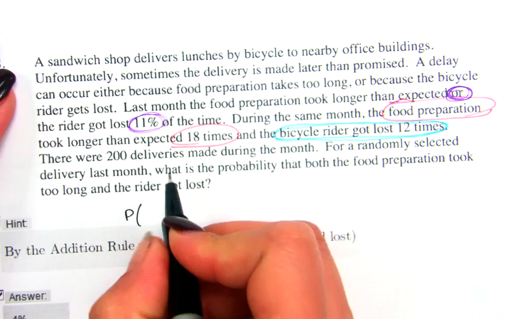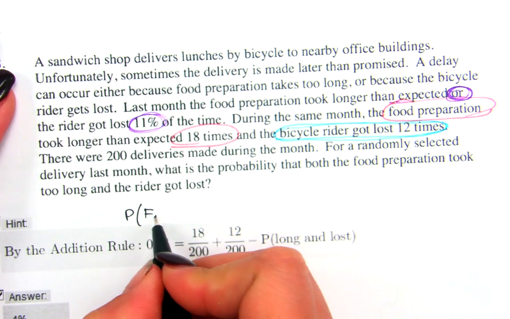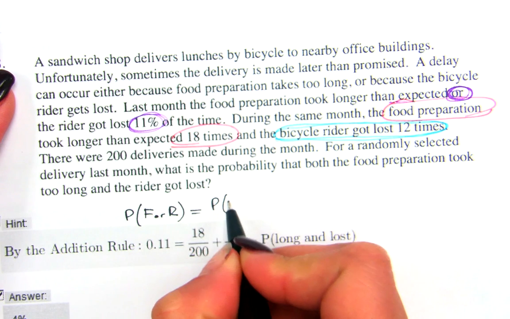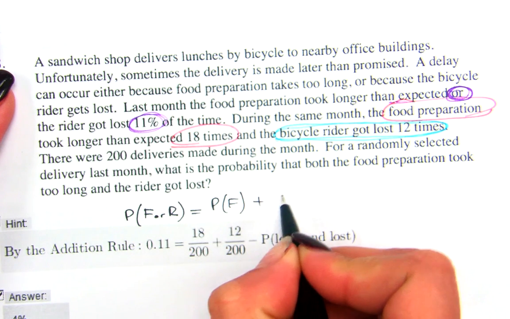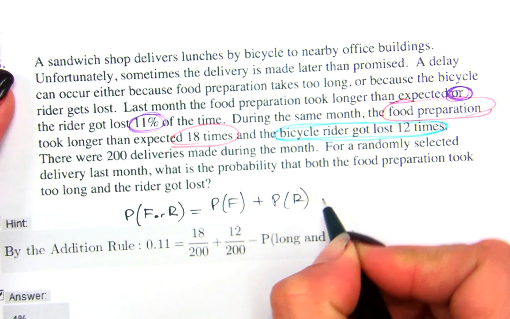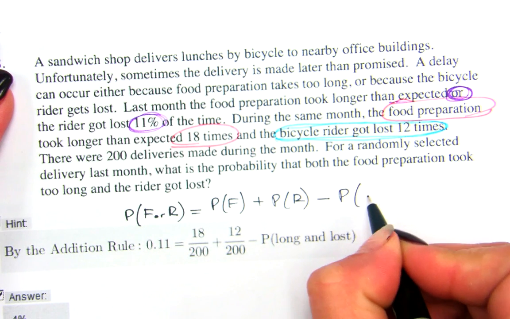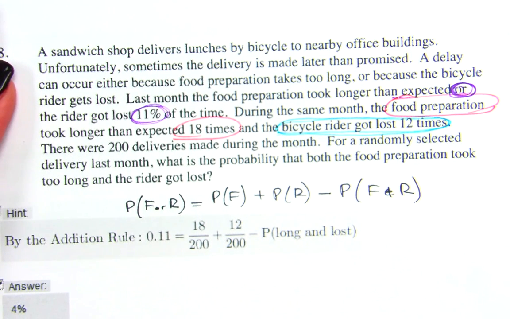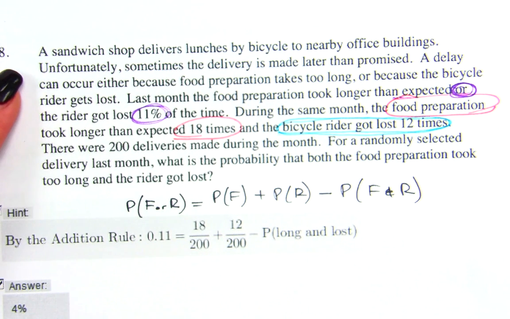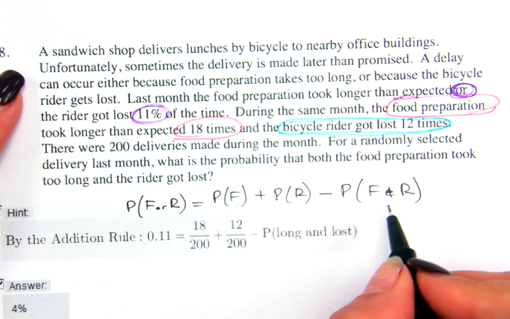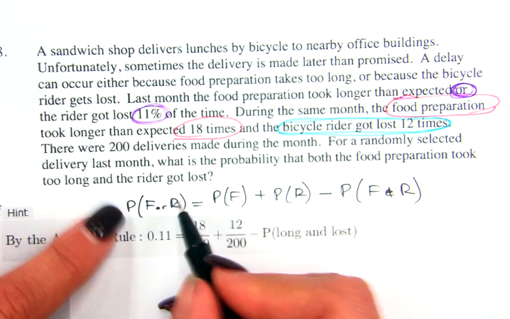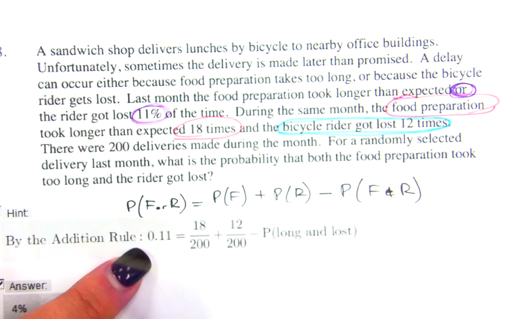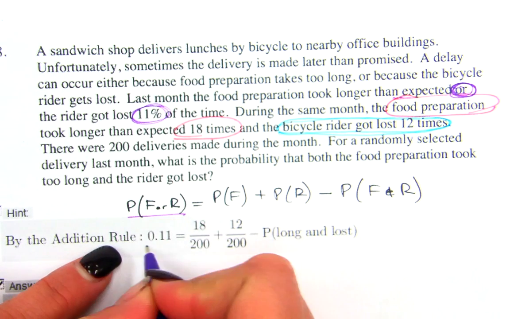The probability that the food took too long or the rider got lost is equal to the probability of the food too long plus the probability of the rider got lost minus the probability of the food and the rider at the same time, something happened with both of them. Like the sandwich took too long and then the rider was a new guy. So P(F or R) comes from the 11%, that's this part right here. So this is 11%.